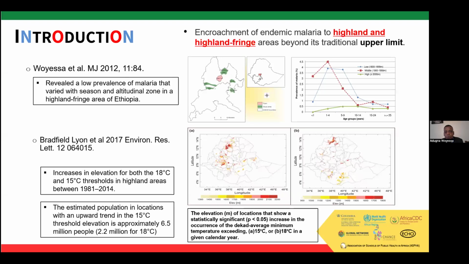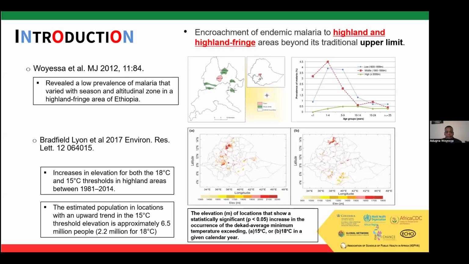What we found is that for low altitude areas, around 1800, there is a high variability of malaria prevalence. This study was conducted for 3 years, and in this 3 year study, we identified the existence of endemic malaria above 2000.